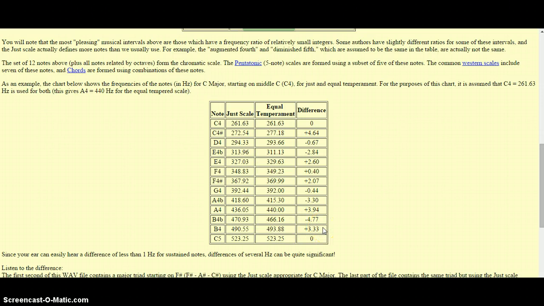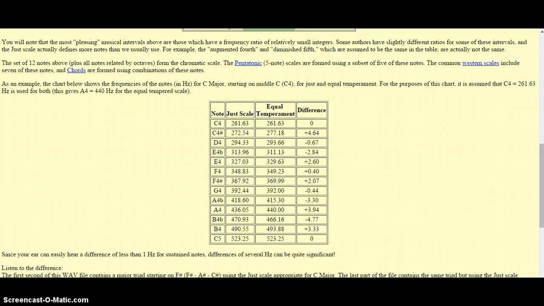People who don't have great ears are probably not going to notice a difference. And you can do this in any concert pitch. If I changed it to A415, then these numbers would still be the same distance apart. The frequencies would just be different. But the difference right here is still going to be the same between equal and just.